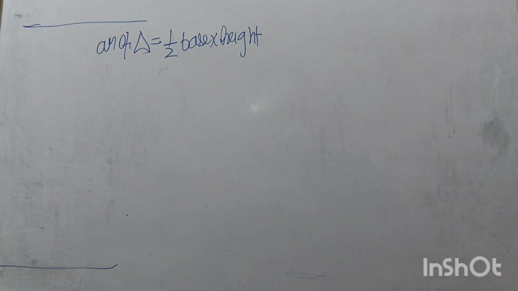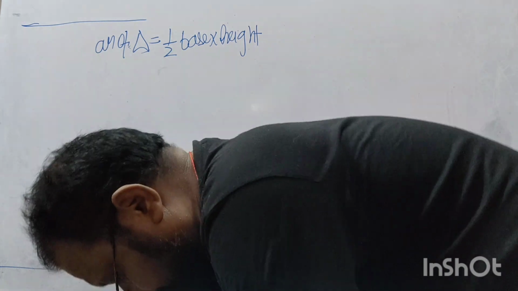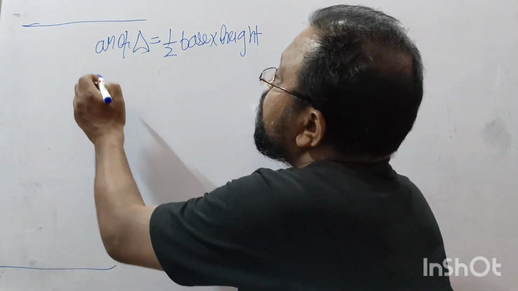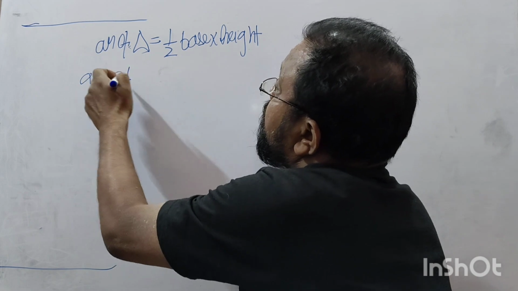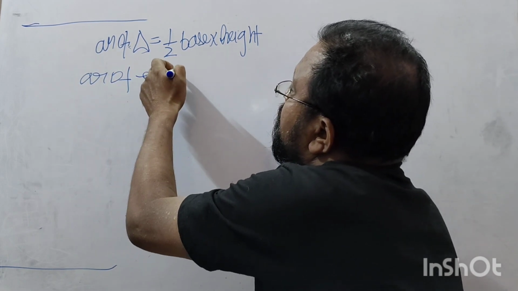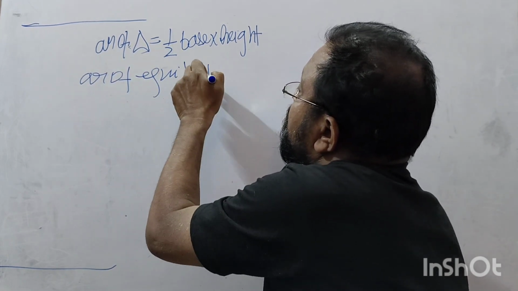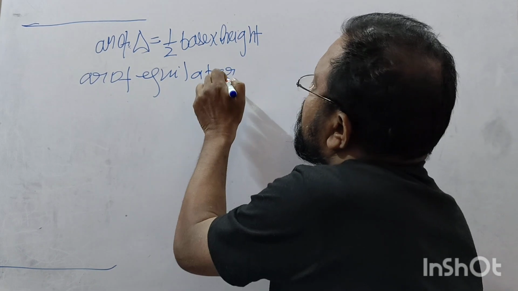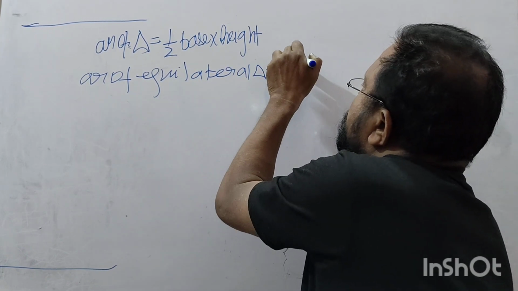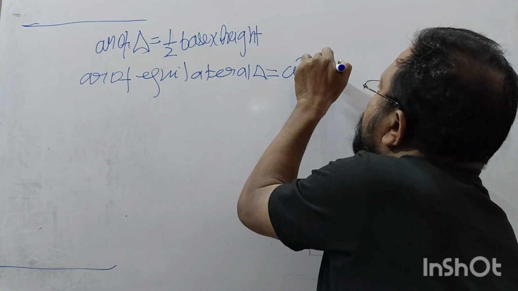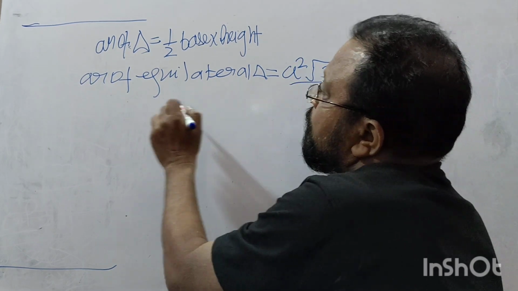And area of equilateral triangle, area of equilateral triangle is equal to a square root 3 by 4. Right?